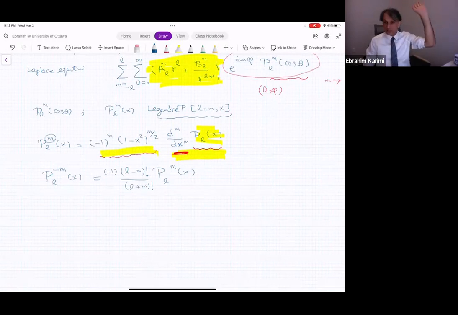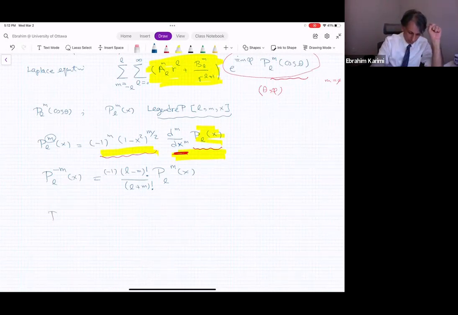So remember, L can take any positive integer value, and m can take values from −L to L. For example, if you have L equal to 2, m cannot take 3, right?